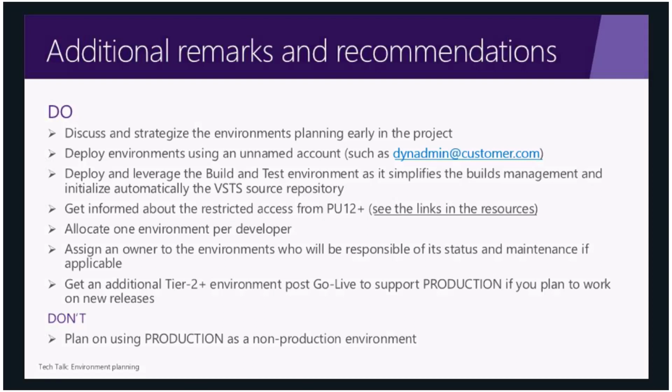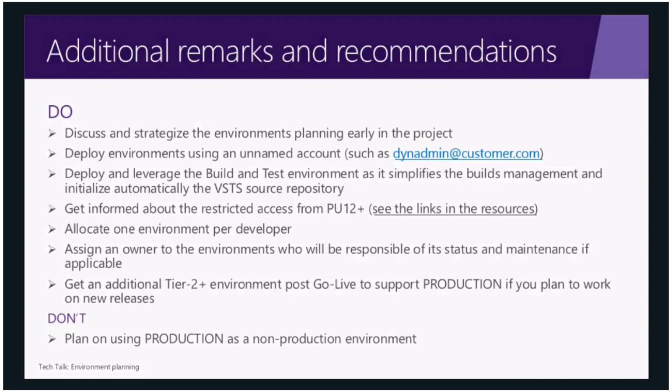And the final thing is when you're considering doing additional releases post go live, consider having a second tier 2 or higher environment. The situation is you're working on your next release and you're doing UAT in a tier 2 environment.